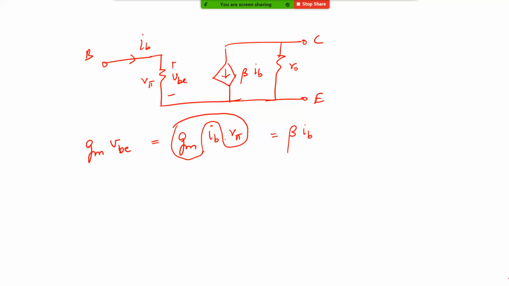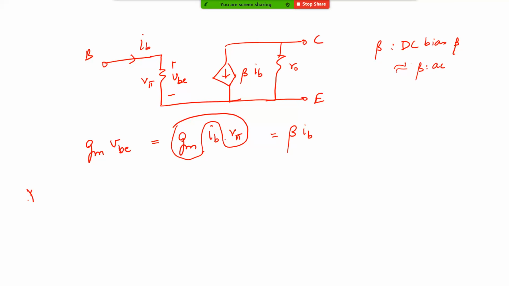So some textbooks will say that the beta that you get from the transistor's data sheet, the DC bias beta, is not necessarily equal to the AC beta that we see here, but for all practical purposes, we can just take them to be equal. So Gm R pi here is given as beta, and sometimes when you are doing certain calculations, it might be easier for you to write it as beta times IB, or sometimes it might be easier to write it as Gm times VBE. It depends on the type of circuit in which the BJT is located, and you can use either of the models, whichever is convenient.